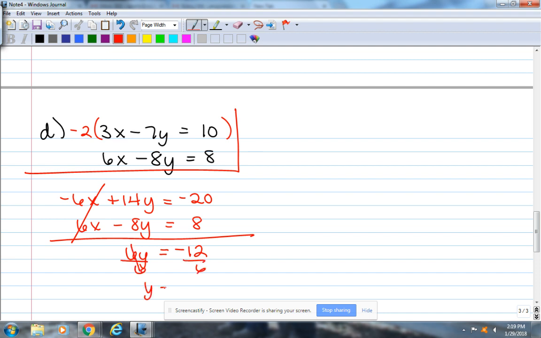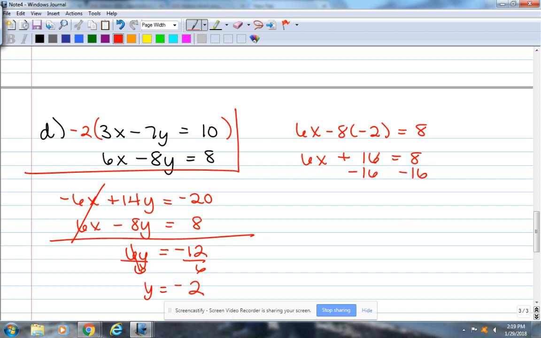Y equals -2. And how do we get our x value then? Plug it into either one of the originals. I'm just going to do the bottom original because I don't have a bunch of stuff around it. So I'm going to say 6x minus 8 times -2 equals +8. And 6x plus 16 equals 8.